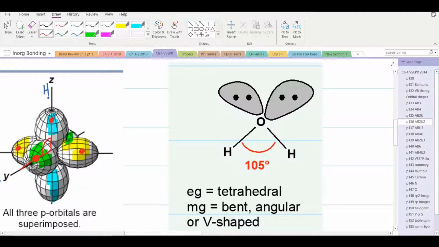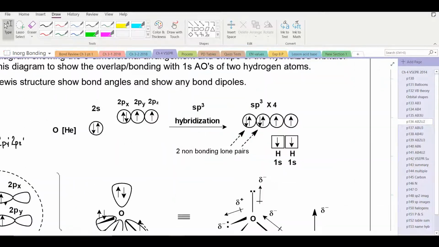And so for that reason, we propose hybridization for the reshaping of the atomic orbitals into hybridized orbitals. We're proposing that the s orbital and all 3 p orbitals in oxygen combine together to produce sp3 hybridized orbitals, 4 of them, 2 of which are non-bonded electron pairs that are not involved in bonding, but then 2 of them are half-filled and overlap with the 1s orbitals of hydrogen to produce the water molecule.